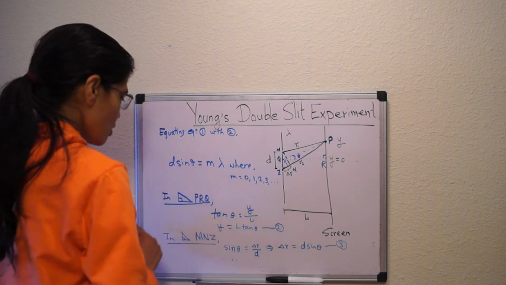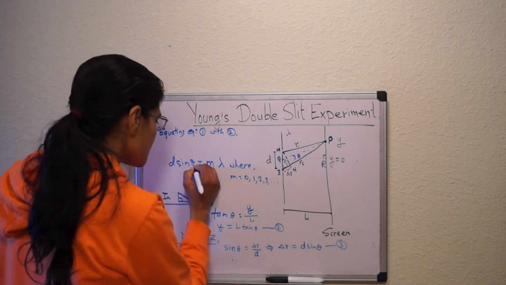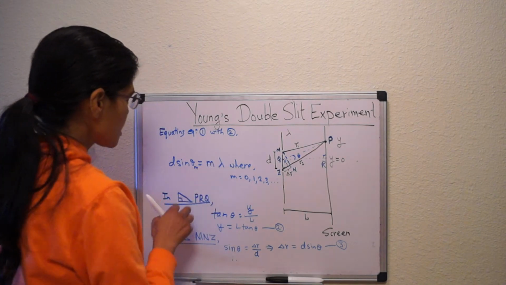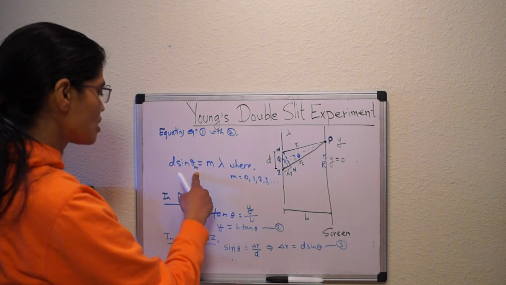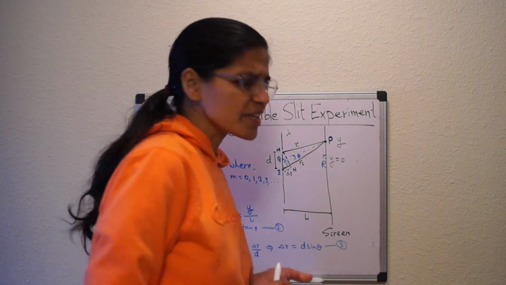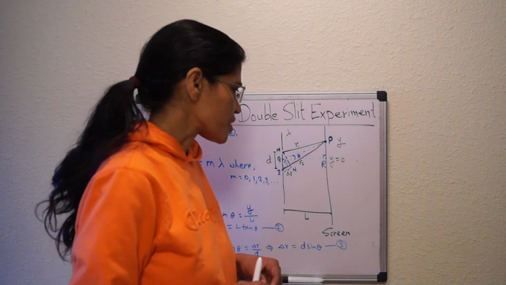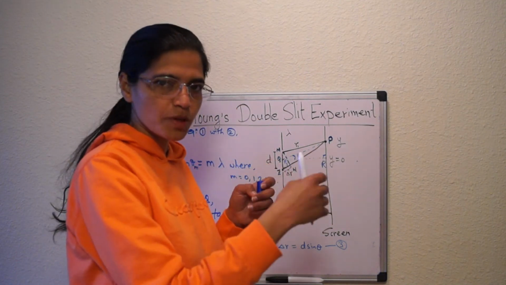Alright, so here instead of sine theta, I'm going to write a subscript m to say that this m refers to the fringe m, okay? You may be wondering what is this fringe. So in the interference pattern you saw, there is a bright spot, dark spot, bright spot.